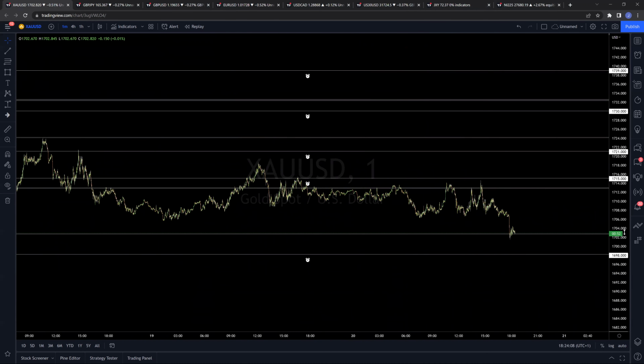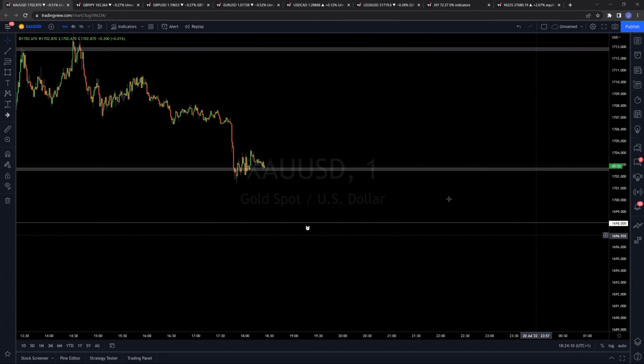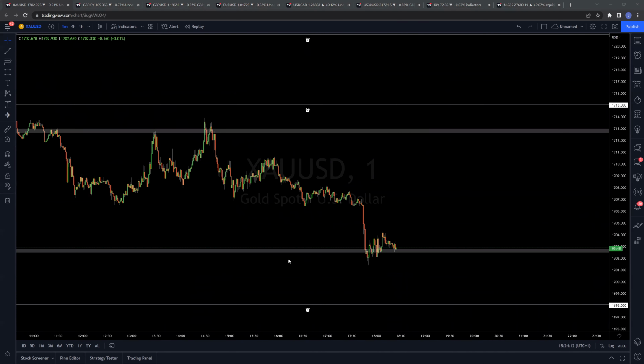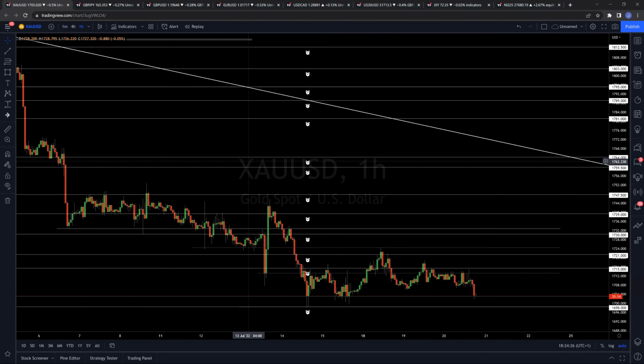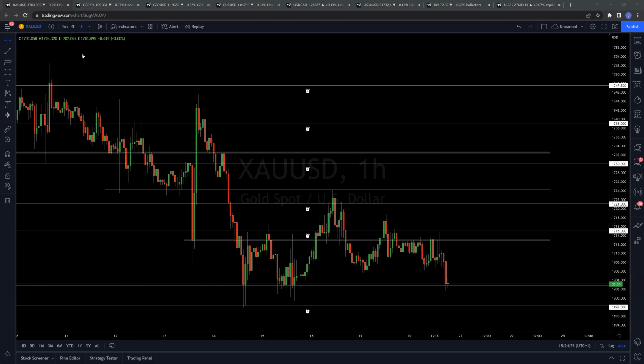Bringing that down to the lower timeframes, we've seen a lot of aggressive reaction from the 1700s to 1703 area. So we don't want to just start jumping the gun, looking for sells unless we have the proper confirmations. The proper confirmations on the intraday timeframes here would of course still be validating the overall bearish market structure.